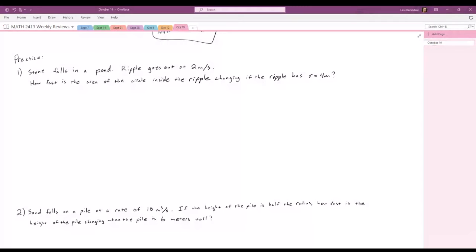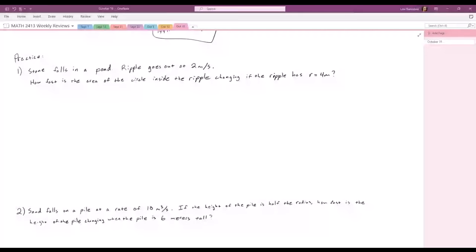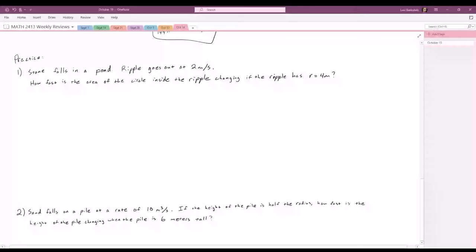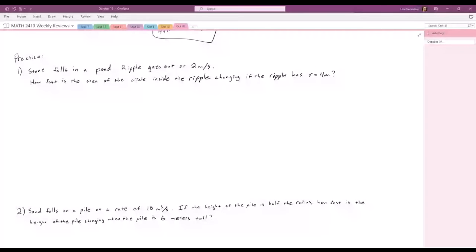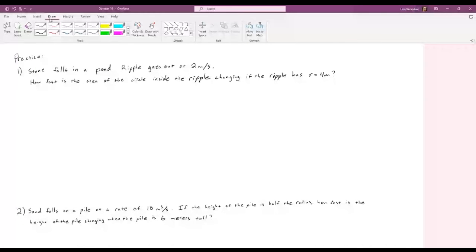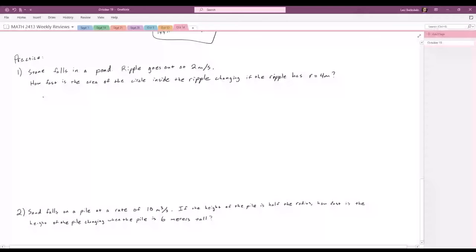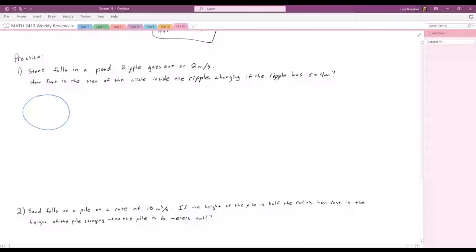All right. Let's go over these questions. So for the first one, I always like to draw a picture. So here's our picture. I'm going to use blue because water is blue. Here we have a ripple, and there's our radius.